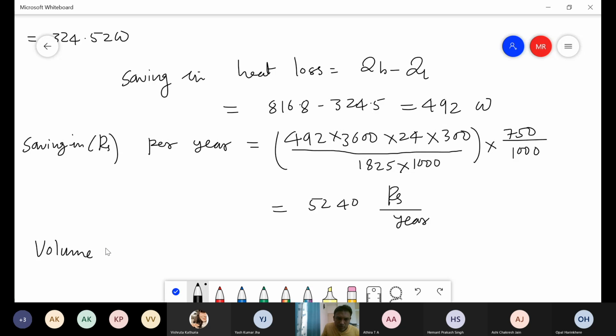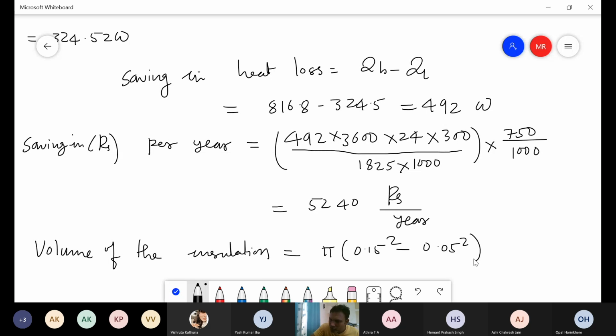The volume of the insulation is given as pi r square, that is the area of the lagged pipe, minus 0.05 square, which is the area of the bare pipe I have subtracted, and multiplied by length L equals 1. That is going to give me the volume, isn't it?